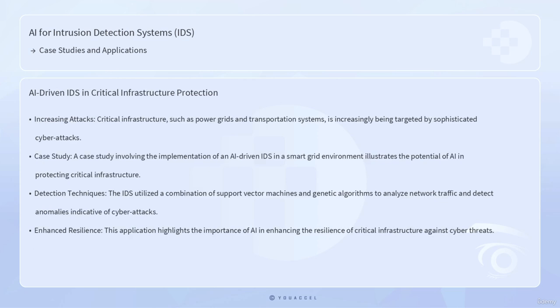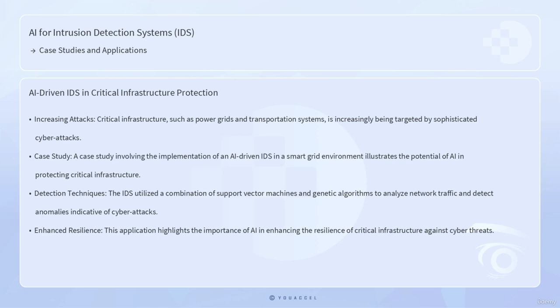In addition to sector-specific applications, AI-driven IDS have also been employed in critical infrastructure protection. Critical infrastructure, such as power grids and transportation systems, is increasingly being targeted by sophisticated cyber attacks. A case study involving the implementation of an AI-driven IDS in a smart grid environment illustrates the potential of AI in protecting critical infrastructure.